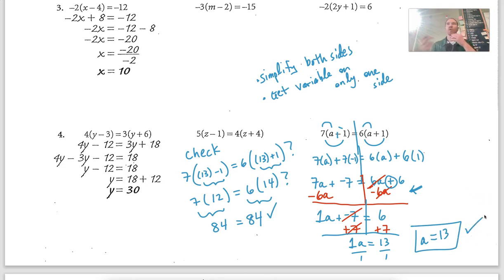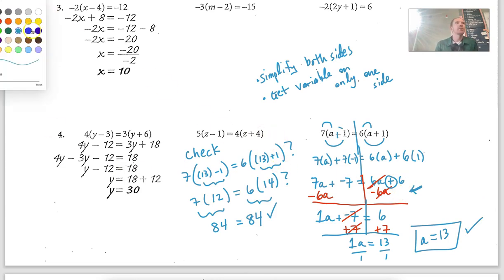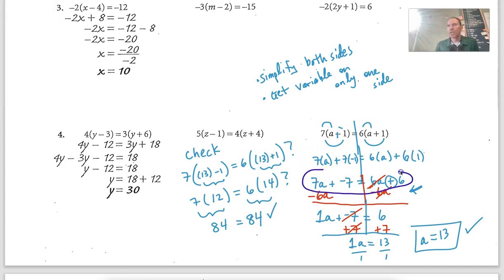Okay. So one more note on this, and then we'll wrap the video up. If we go from here, and I'll just rewrite it. If you were of the mind that you said, you know what, I want to keep the variable on the right, that's okay.